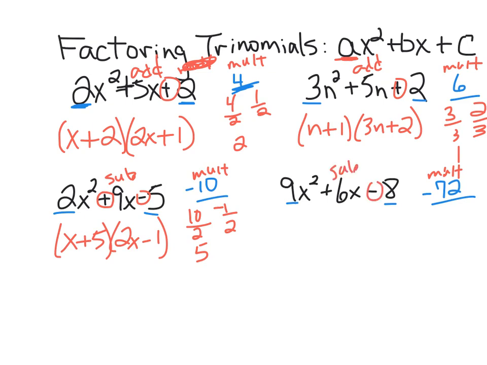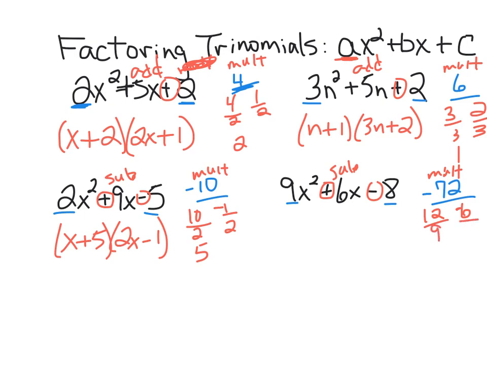So I need two numbers that multiply to be 72, but subtract to be 6. And if you're doing this on your own and not just watching a video, you'd probably have to take a while to list your factors of 72, because it might take a bit to come up with those numbers. So those numbers are going to be 12 and 6. I need to get a positive 6. So positive on my 12, negative on my 6.